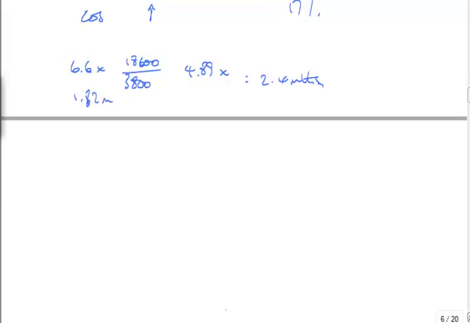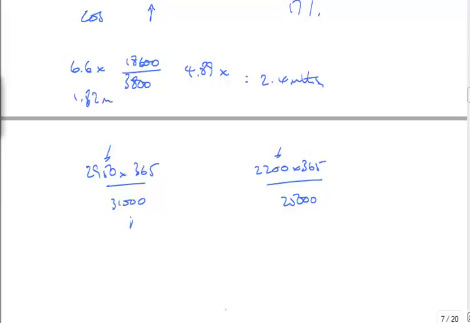Trade receivables, this is beyond the scope of the question now, but 2.2, that's last year, let's do it properly. 2,950 times 365 divided by 31,000 compares with 2.2 times 365. This is the number of days sales in receivables, and it's a bit of a silly calculation because these debtors include sales tax, whereas the revenue doesn't.